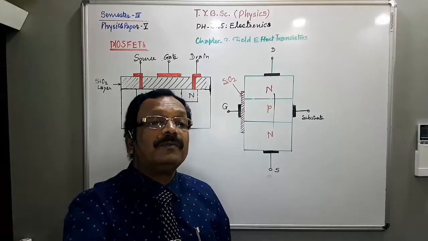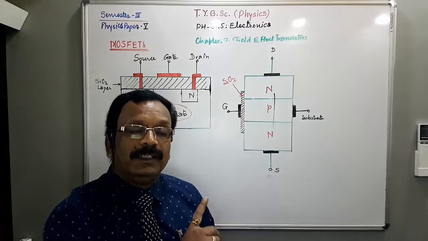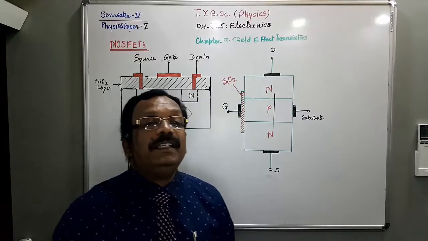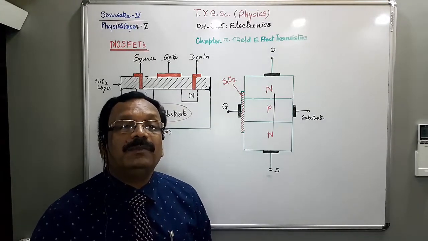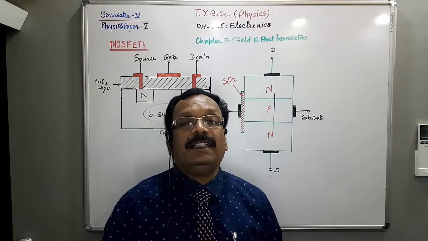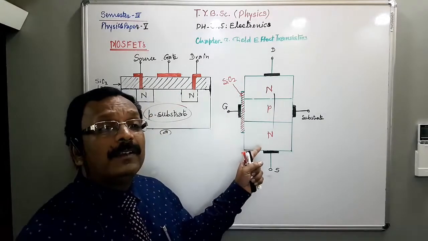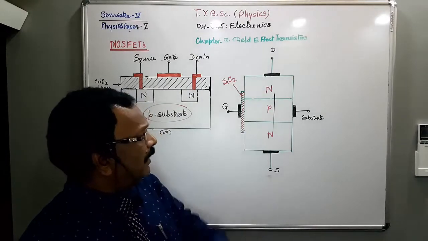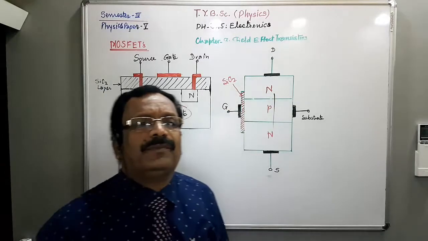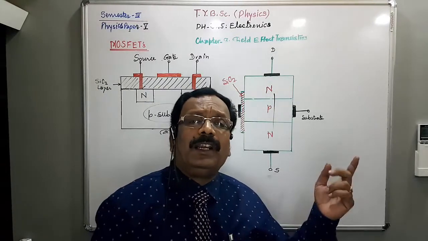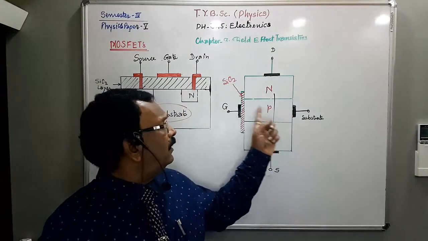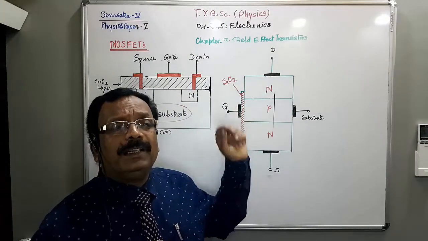This enhancement type n channel MOSFET differs in construction from the depletion type n channel MOSFET in the sense that it has no physical channel. There is no physical channel. The physical channel is restricted by this layer. It may be noted that the P-type substrate extends to the SiO2 layer completely.